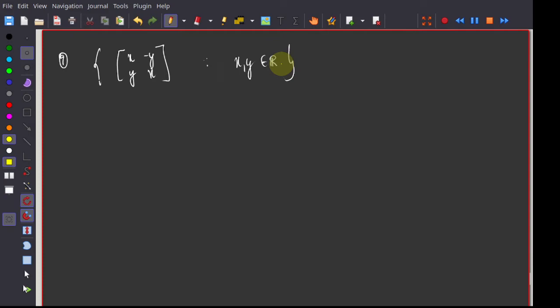Because I could multiply these two and I could get something which is not of the form x3, minus y3, y3, x3. It could be some other x3, minus y3, z3.